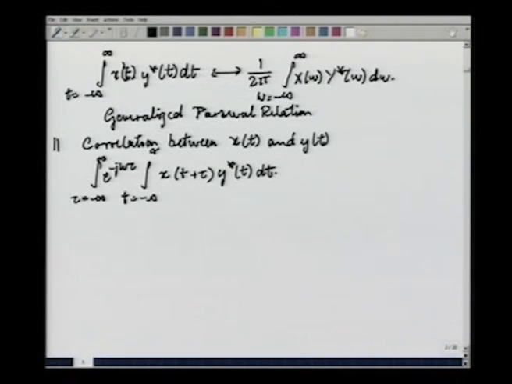The correlation itself is a function of tau, of the relative shift between x and y, and therefore, of this correlation function, if you evaluated the Fourier transform by putting d tau over here, what would you get? It turns out to be equal to x of omega y star of omega.